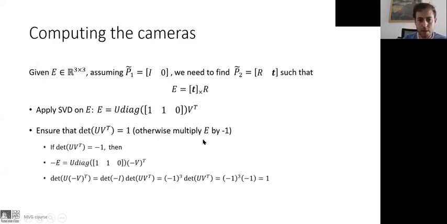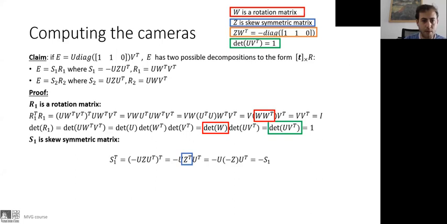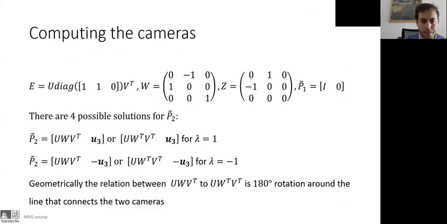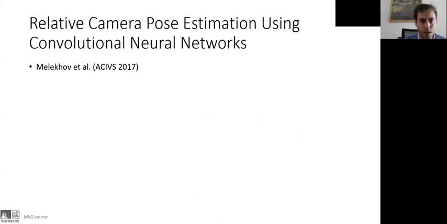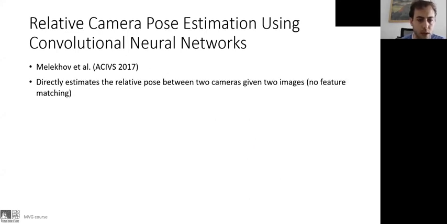Okay, let's talk a little bit about this paper from 3 years ago, published by Melekov et al. In this paper, they try to estimate the relative pose between two cameras directly, without point correspondences, just from the images.